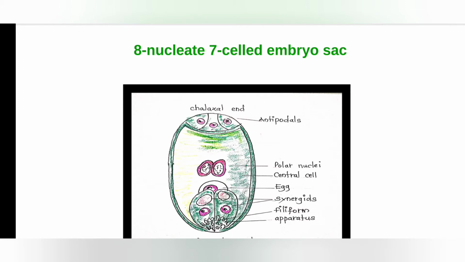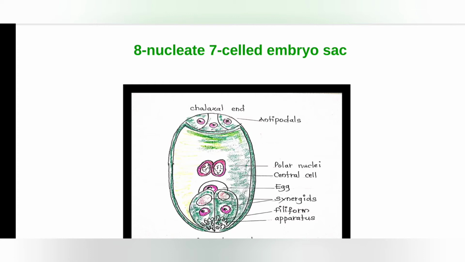And when it comes to cell structure, at the chalazal end, there are 3 cells with 3 cell walls. And at the bottom, there are 2 cells inside the synergids and 1 more cell in the egg. So altogether, how many cells are there? 6. And there are 2 nuclei located at the central part of the huge big cell.